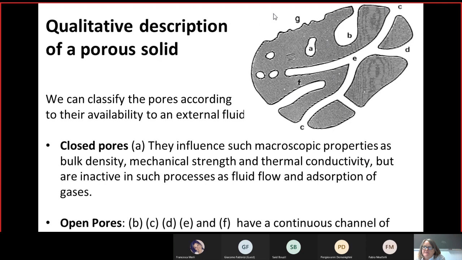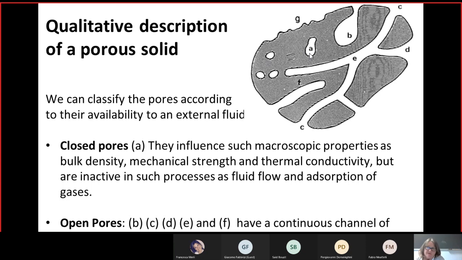And here are some more closed pores, so they are completely surrounded by solid material, and they will influence properties like density or strength or conductivity, but they're not active in processes with fluid flow or gas absorption, because the fluid cannot get to that pore if it's completely closed.